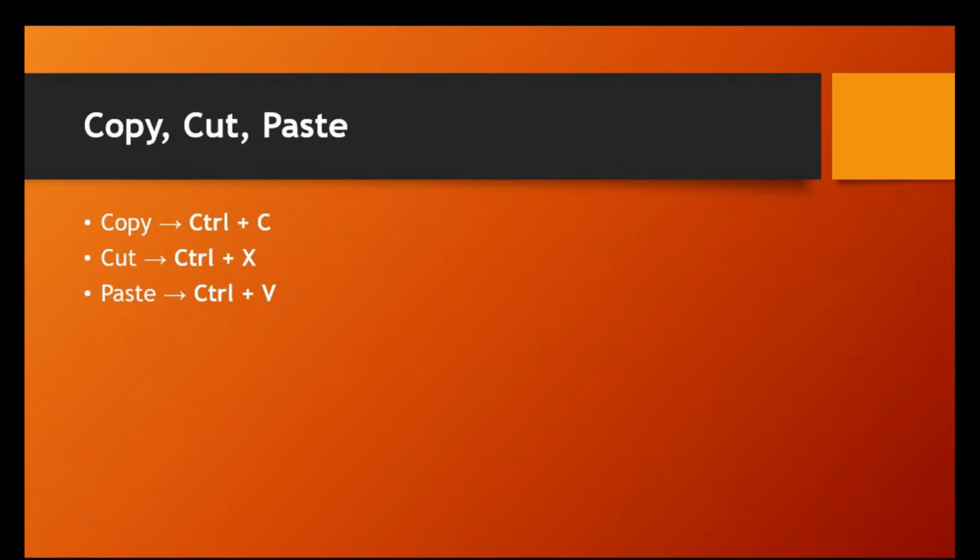The next set of keyboard shortcuts that we should know is how to apply copy, cut and paste in our document creation. To copy and duplicate text, you press Ctrl and C. And to remove the text entirely from where it is, you press Ctrl X. To paste the copied or cut text, you press Ctrl V, and this will paste the text in any location that you desire or choose.